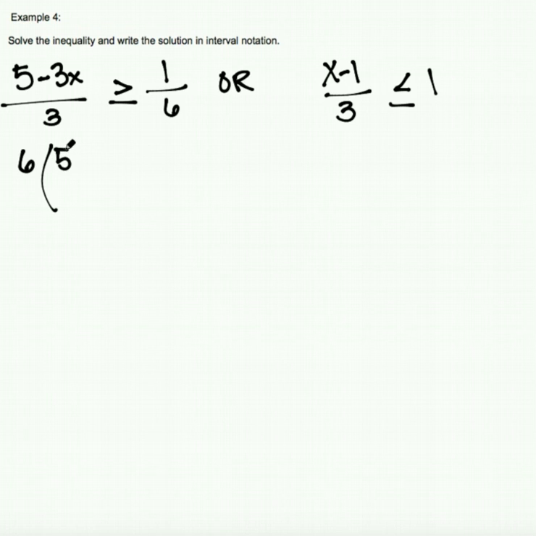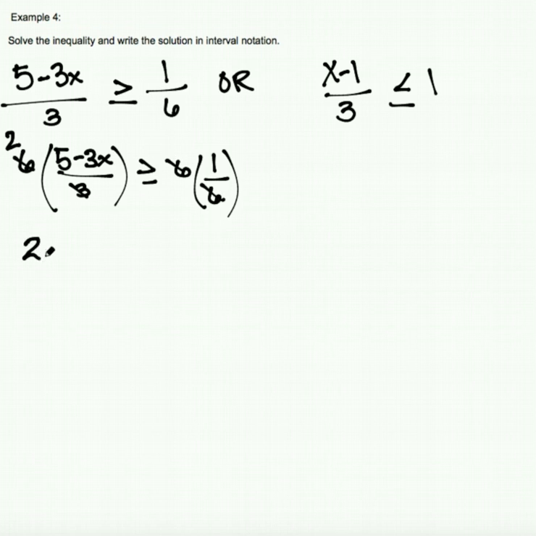Okay, 6 times (5 minus 3x) divided by 3, greater than or equal to 6 times 1/6. Well, 6 and 3 reduce to a 2. 6 divided by 3 is 2. All right, these 6's over on the right-hand side cancel out. So I'm left with 2 times the quantity 5 minus 3x is greater than or equal to 1.